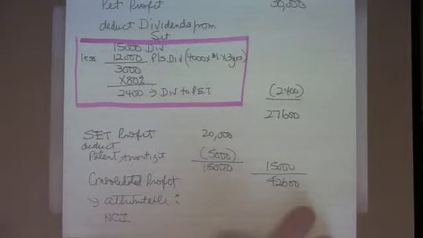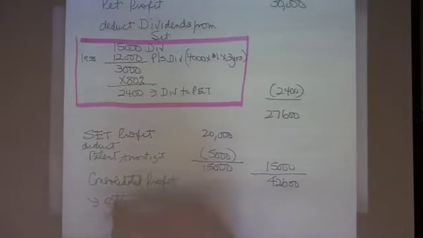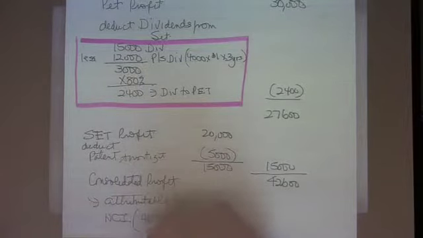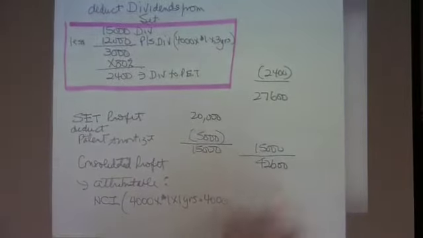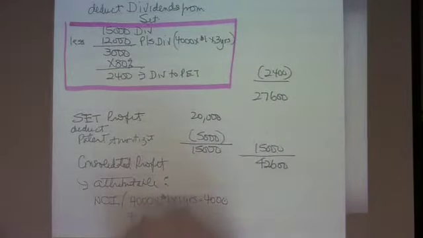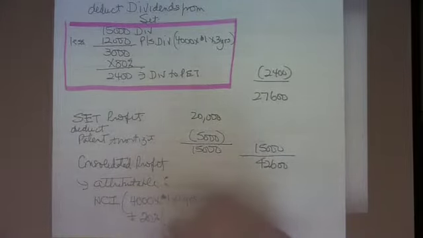We know that the non-controlling interest is how much of that profit is going to be the preferred shares times 1 year, okay, which is 4,000, plus, right, the non-controlling interest is 20% of the remaining profit.